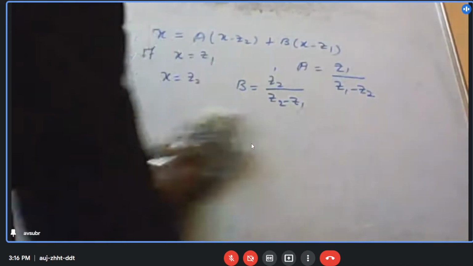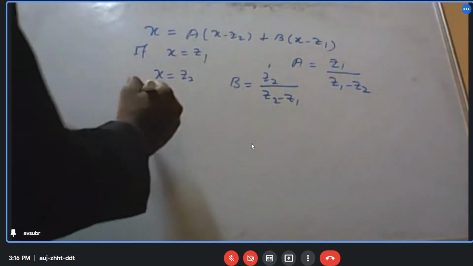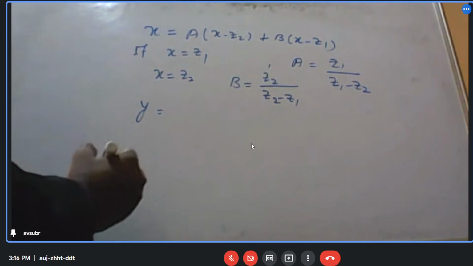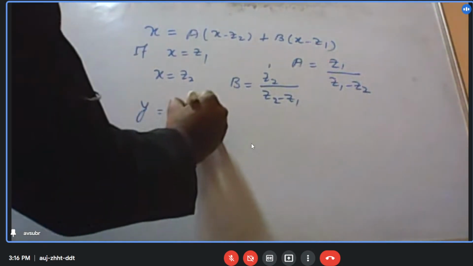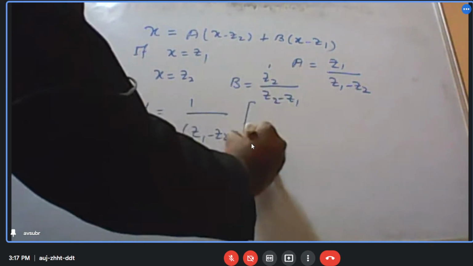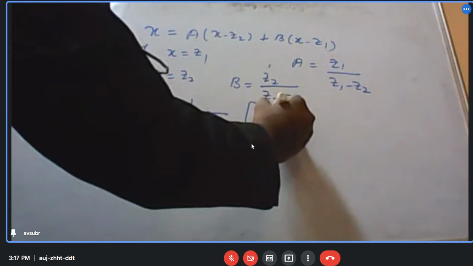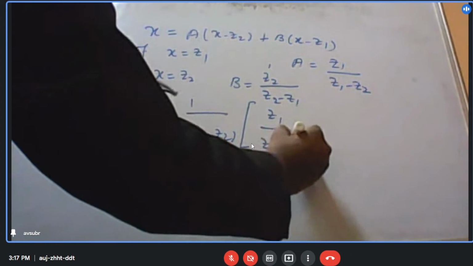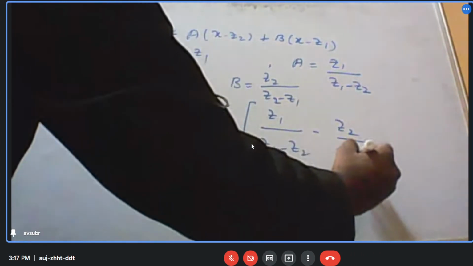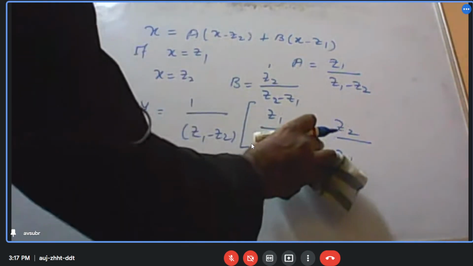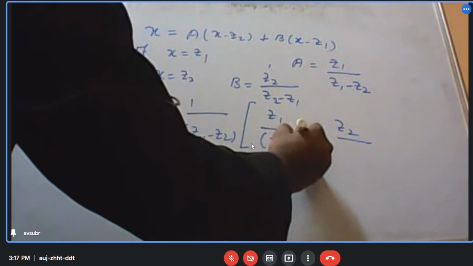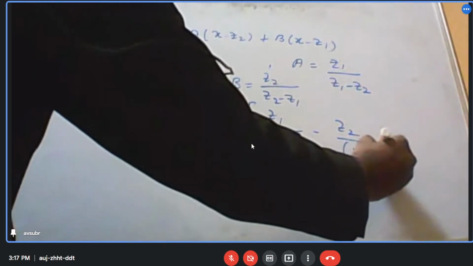So it means y can be written as 1 by z1 minus z2 into z1 by z1 minus z2 minus z2 by, sorry, x minus z1, x minus z2.